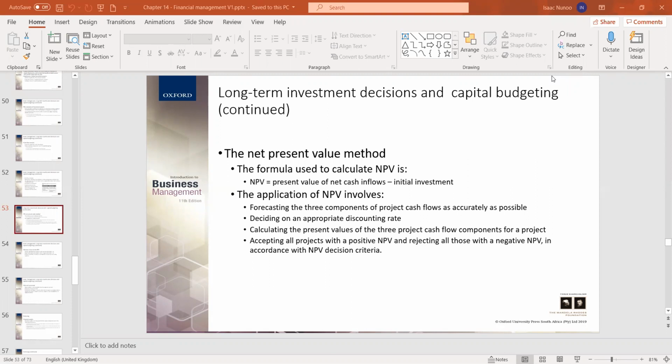The net present value tells us the viability of a business and requires deciding on an appropriate discounting rate. One important thing about the net present value is that when it is positive, it means that the business is viable and businesses are encouraged to undertake the project. If it is negative, it's the other way around, and we have to reject the project.